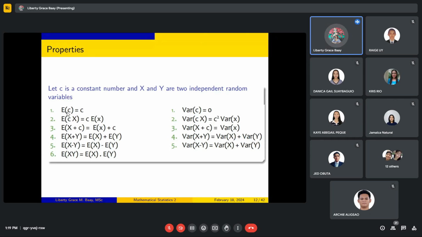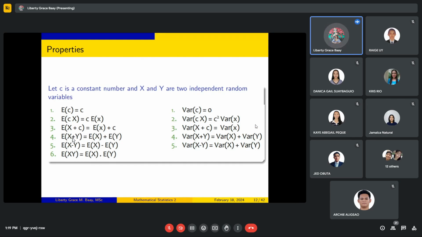So expected value of a constant is simply the constant. And the expected value of a constant times x, where x is a random variable, is just equal to the constant times the expected value of x. Now the expected value of the sum of a random variable and a constant is simply the expected value of x plus the constant.